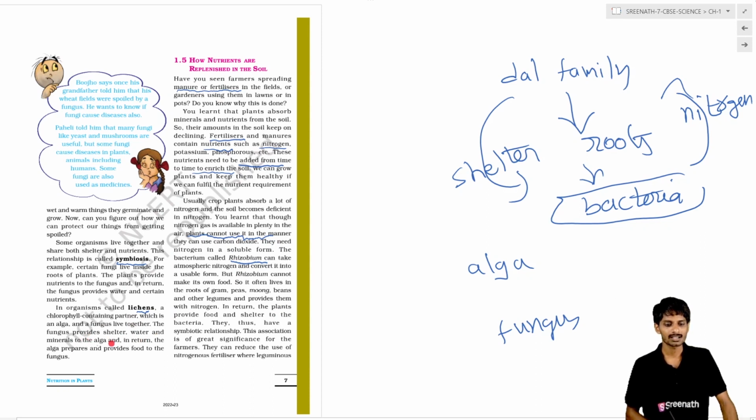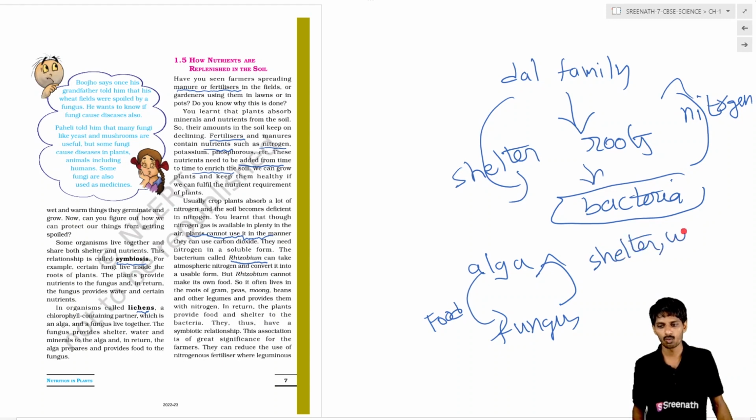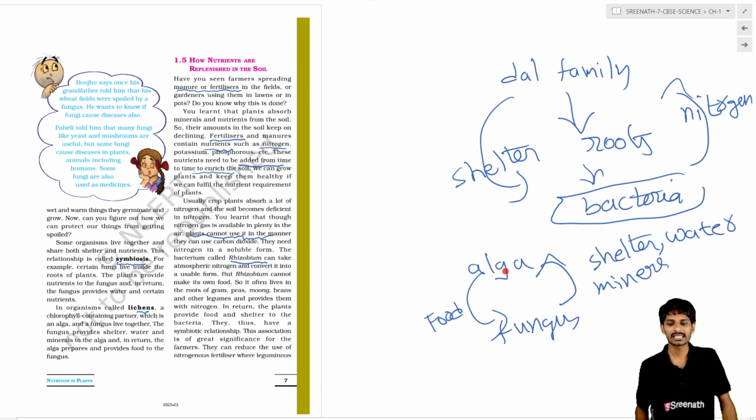What will the fungus do? The fungus will give shelter, and water and minerals to the alga, so that the alga can prepare food, and so they live together. These are called lichens. This is called symbiosis.